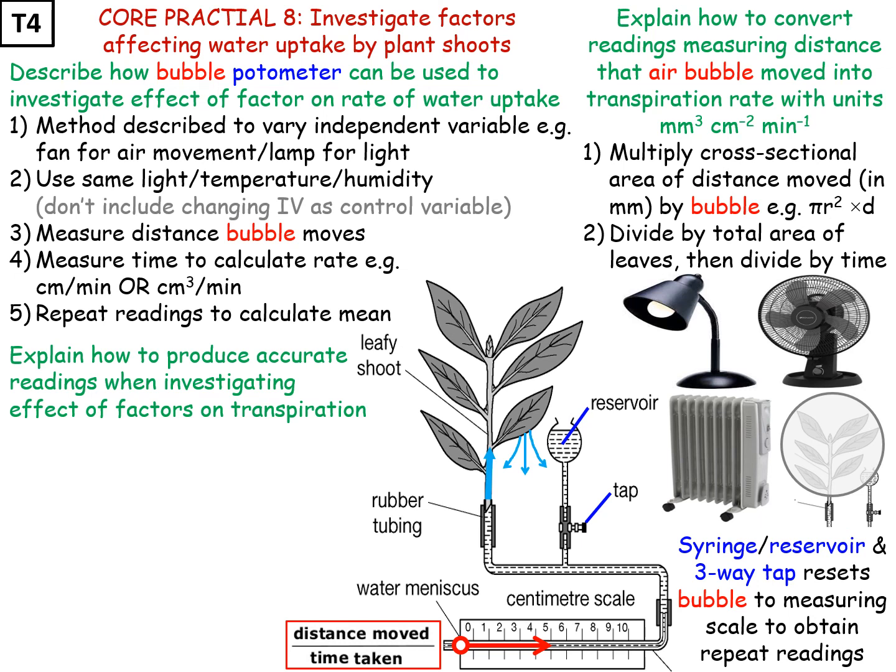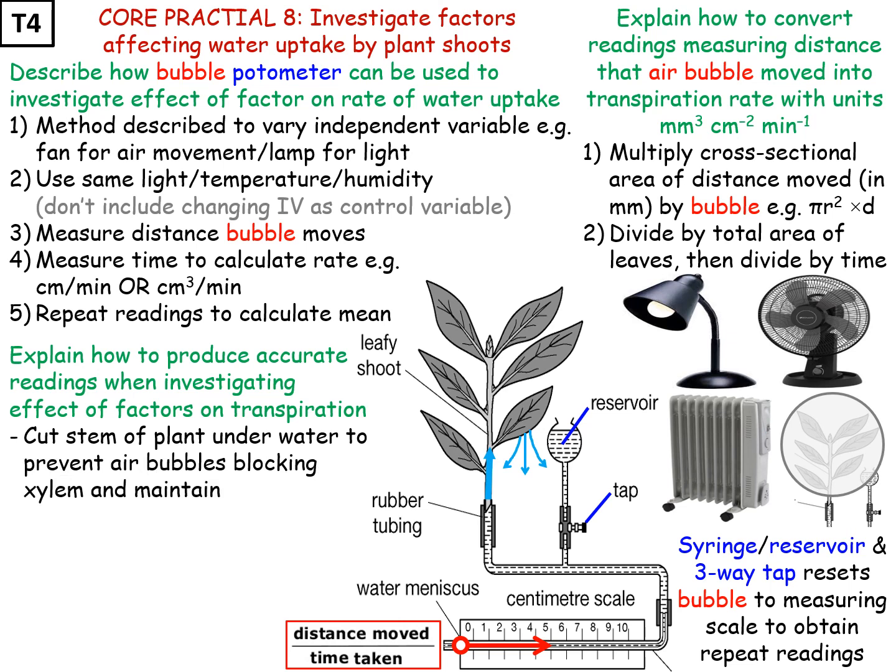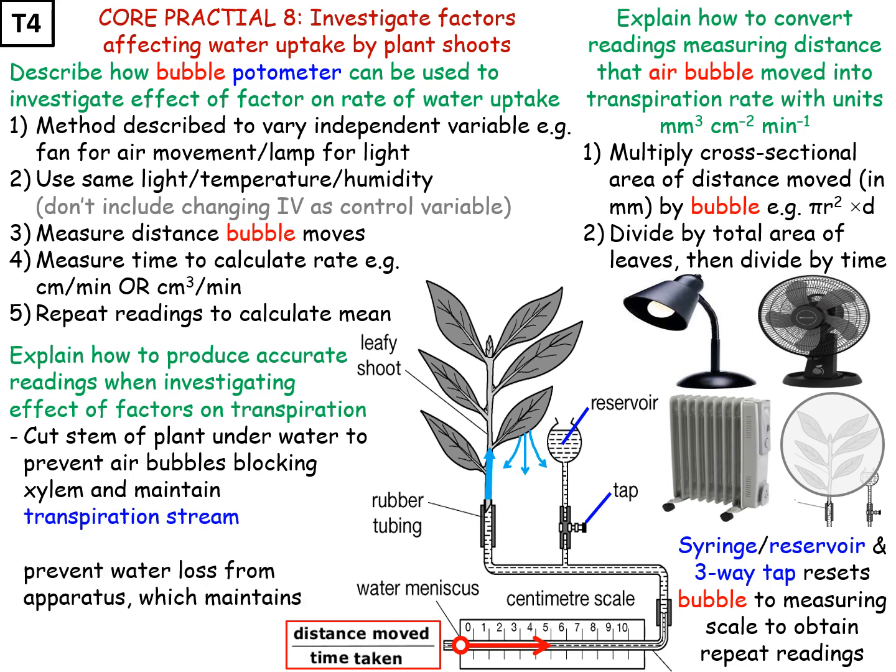Explain how to produce accurate readings when investigating effects of factors on transpiration. So how could you make this experiment more accurate? When you cut the stem of the plant, you could do that underwater, and that means you're reducing the chance of air bubbles blocking the xylem, and that maintains the transpiration stream.